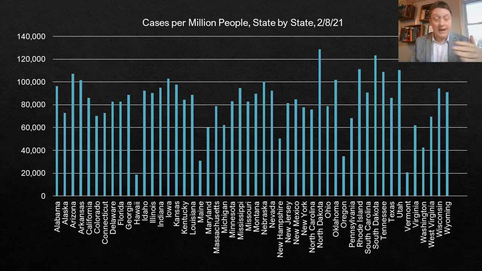So in this graph, we can see, first of all, that there are some states that cross a bright line. And that is the 100,000 mark, because 100,000 means that there have been 100,000 diagnosed cases of COVID-19 per million people. 100,000 is 1/10 of a million.